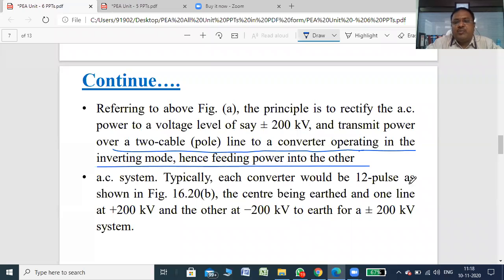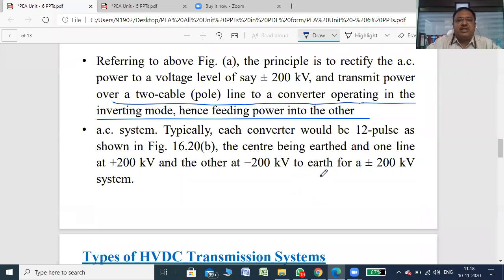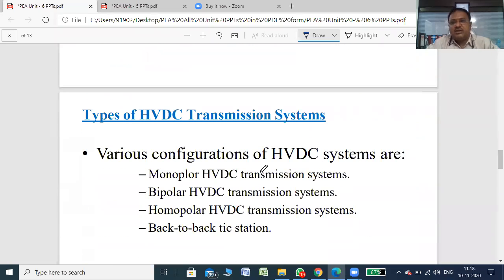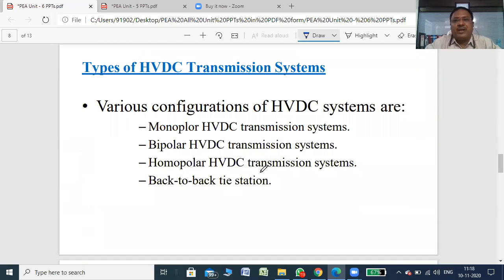Typically each converter would be a 12 pulse or maybe 6 pulse converter, but that circuit is complicated and not a part of your syllabus, so I will not show you the 6 or 12 pulse converter here.